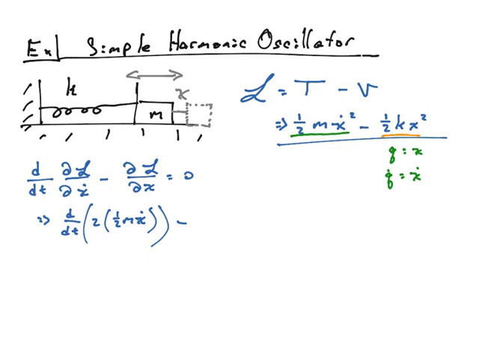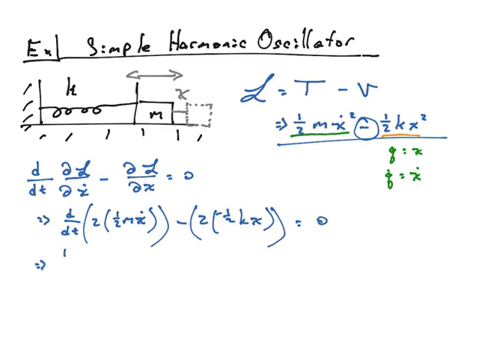So I have the partial of L with respect to x dot. That's going to be a 2 times 1/2 minus, there's a minus right here, k x. Okay, so that's the partial of my Lagrangian with respect to x. All of that should be equal to 0.